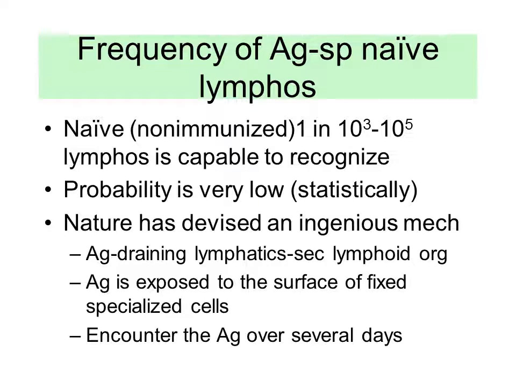So nature has devised a very ingenious mechanism: everything in the body where antigens can probably come drains into lymphatics and goes to a lymphoid organ. And remember that there are cells stationed in lymph nodes. They are there all the time, in the skin, in the mucous membrane, and in the lymphatics.